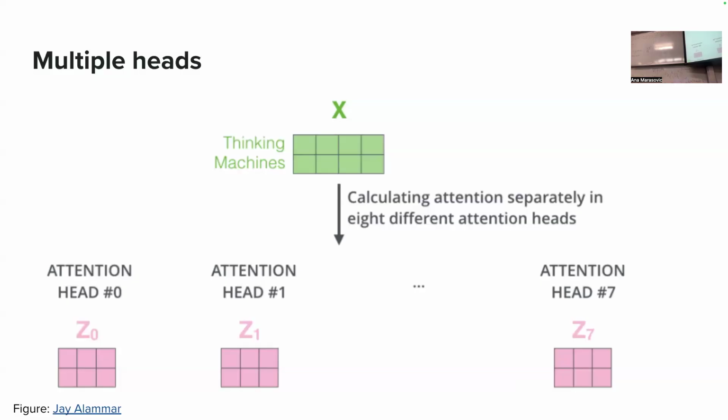It will become clear why in a moment. For now we just need to accept that that's what we need. So the final Z, let's call it Z bar, is going to be a product between Z and another weight matrix that we are going to call WO. This one is going to be in L by D1, which means that WO is an element of R, n heads times D2 by D1.